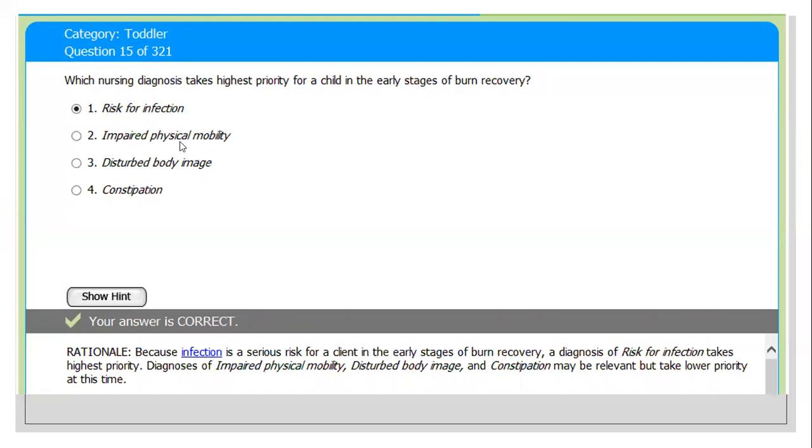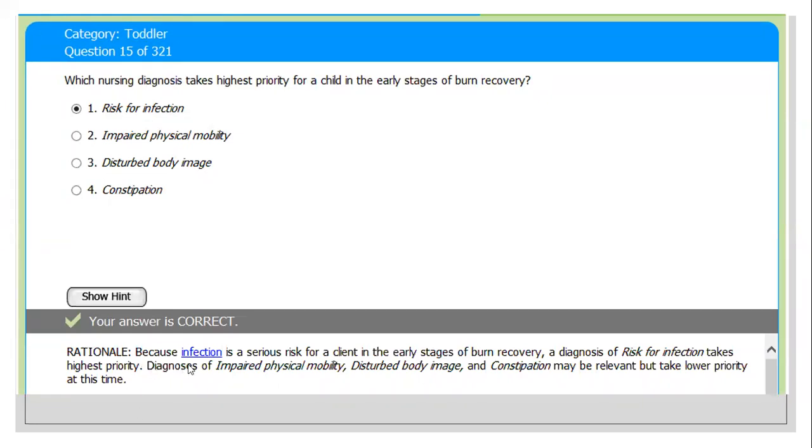So infection prevention is the first priority. If a patient has physical immobility, you can correct it later with physiotherapy, even some surgical management. Body image is important, but infection is life-threatening. Constipation you can prevent with fiber intake and water.